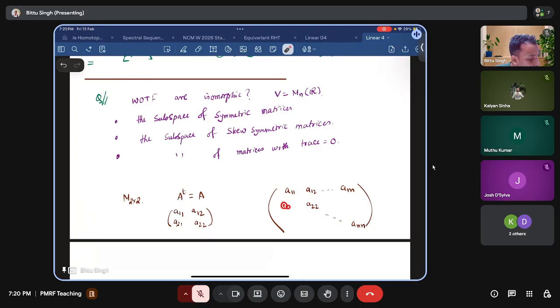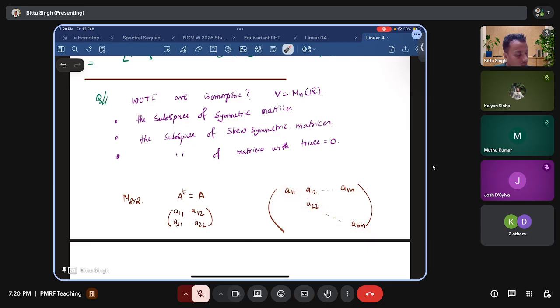For example, A21 is the same as A12 because A transpose should be the same as A. So all those entries below the diagonal are automatically determined by the entries above the diagonal. So you only need to count the entries above the diagonal and the entries on the diagonal.